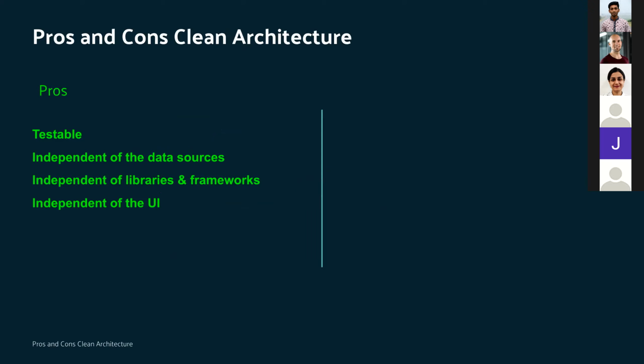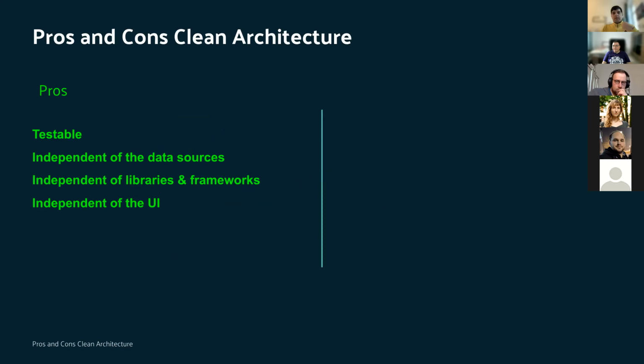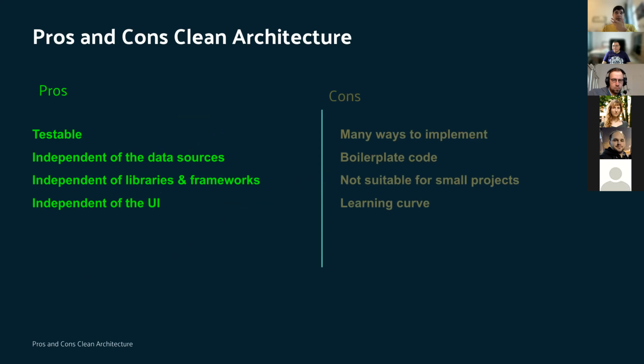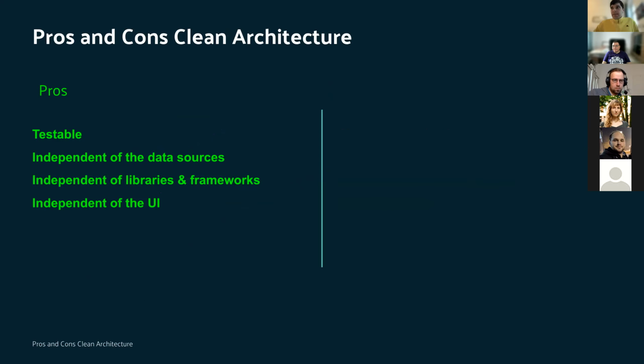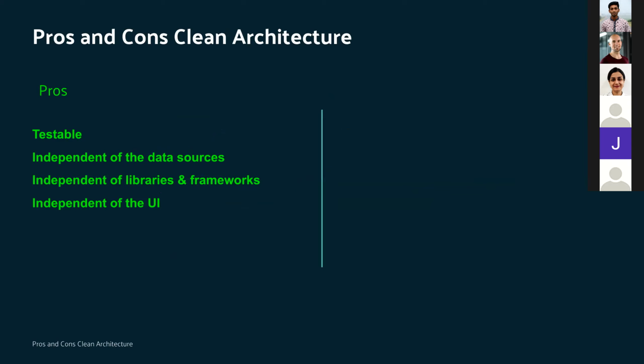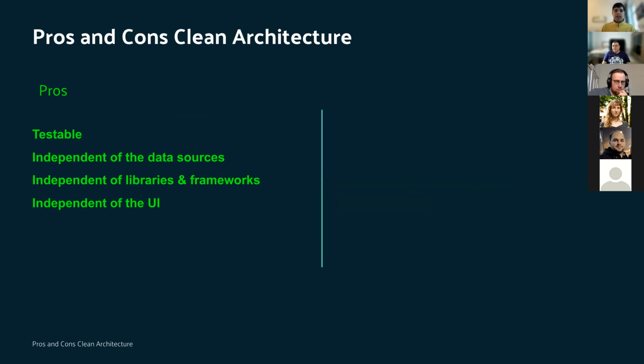So next, let's see what the pros and cons of clean architecture are. So it's testable, as I said. We can easily follow any kind of testing strategy, testing pyramid or TDD. It's independent of the data sources, so it doesn't matter for the presentation layer what kind of data source we use. We can replace them easily, and vice versa.